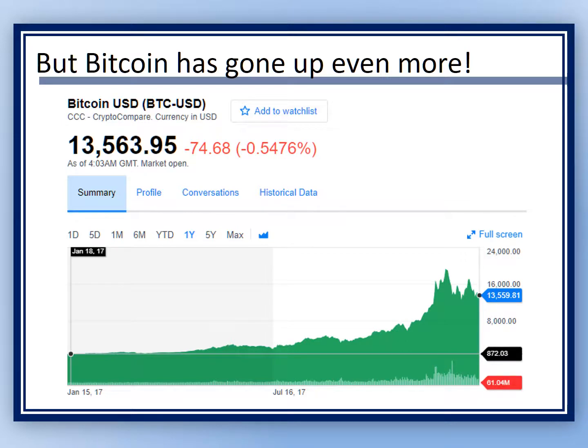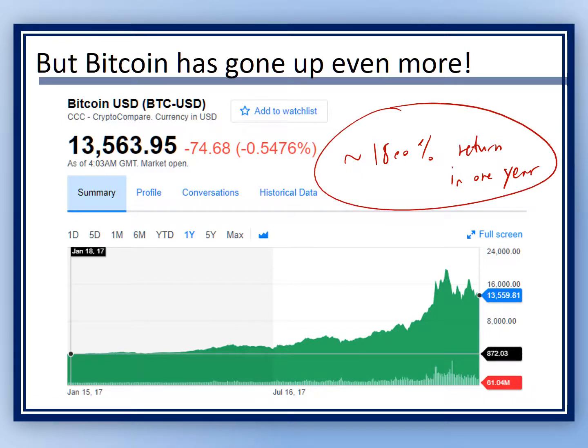That's about 1,800% return in 1 year. It grew by almost 20 times.